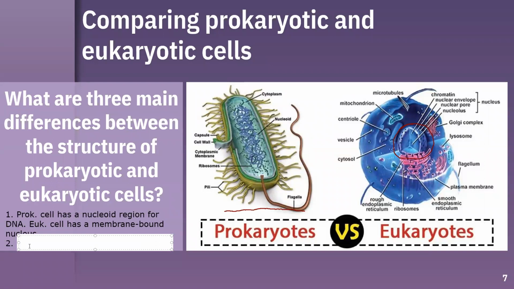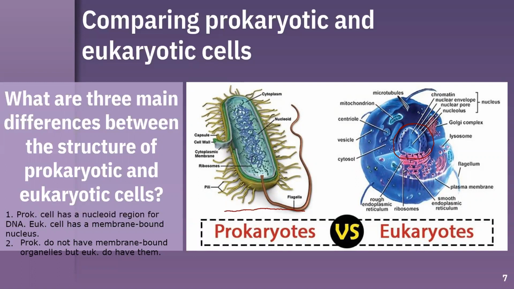Now, another difference that you need to know is prokaryotes do not have membrane-bound organelles, but eukaryotes do have them. Okay, so a membrane-bound organelle is a compartment, meaning it's surrounded by a membrane, that carries out specific functions.